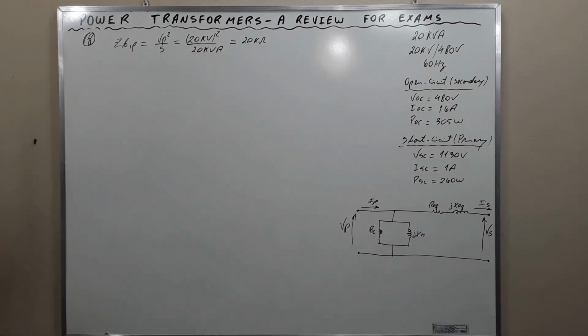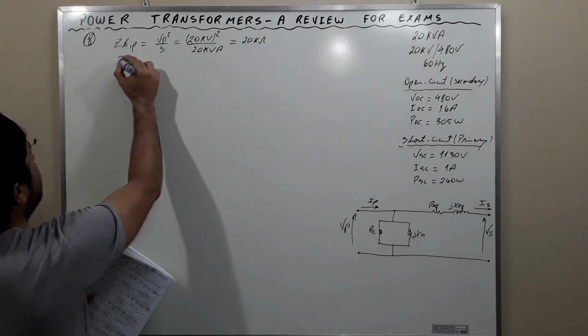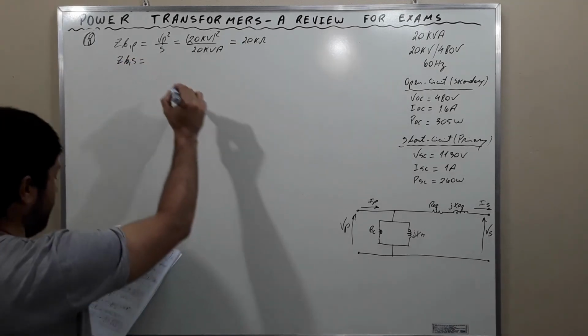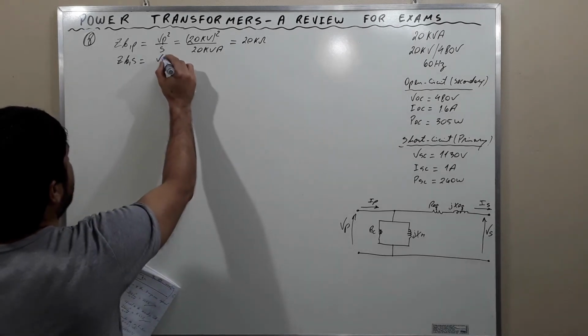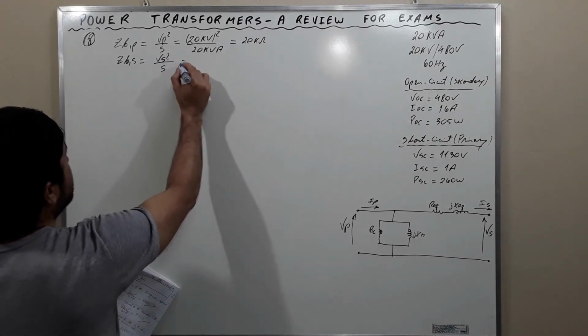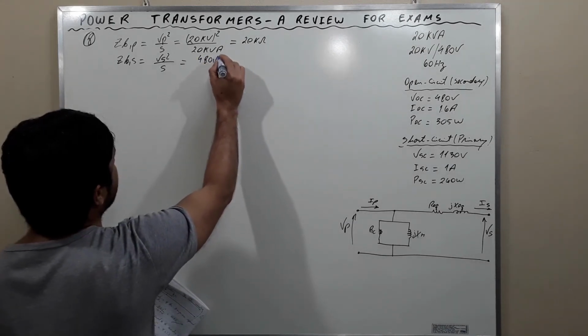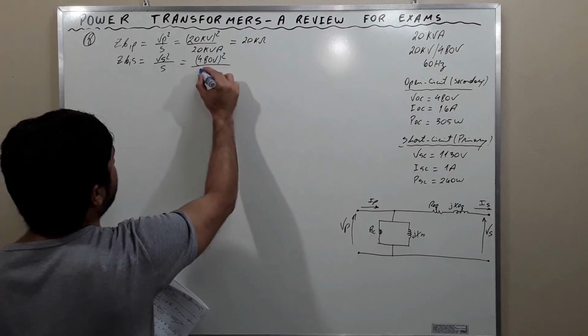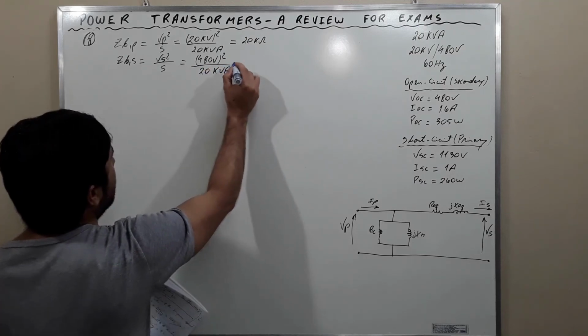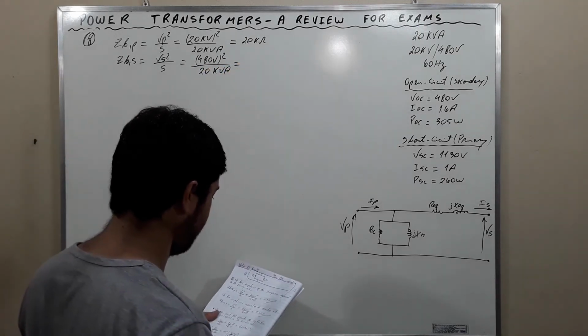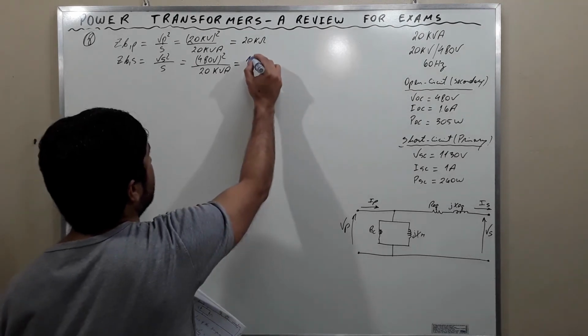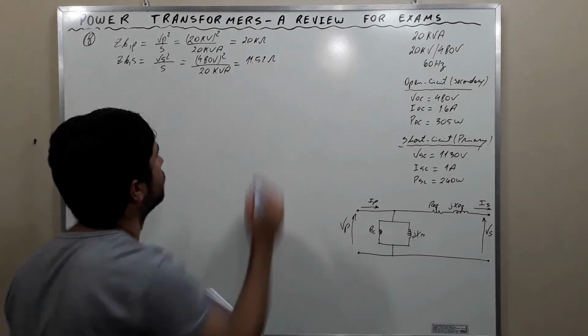Similarly, we're going to calculate the base impedance referred to the secondary side, and this is ZBS, going to be Vs squared divided by S, and this is 480 volts squared divided by 20 kVA, and we find a value of 11.52 ohms.